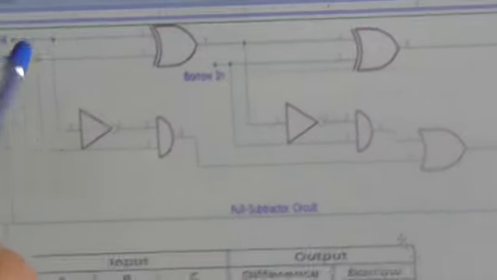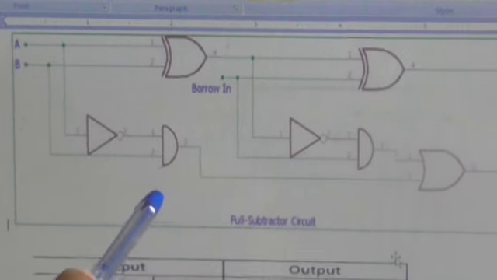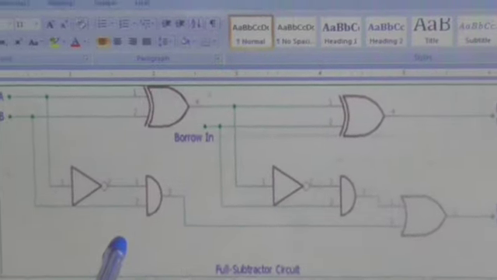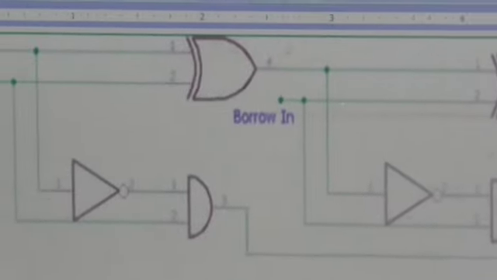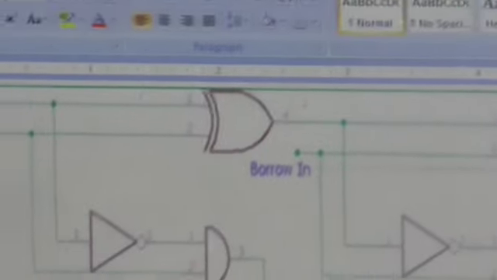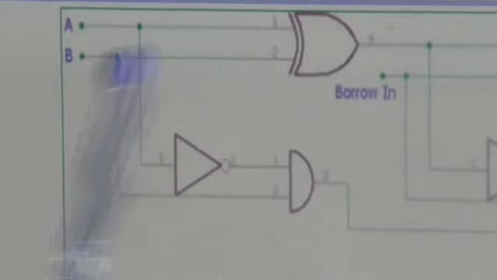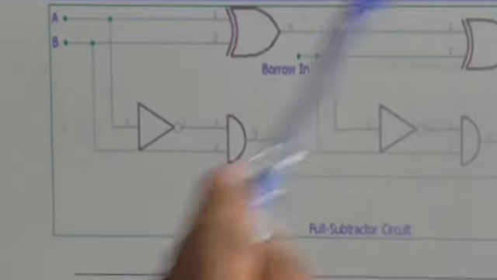If you see this circuitry, this is our half subtractor. Whenever we connect two half subtractors with an OR gate, finally we get the full subtractor. Here all the inputs and outputs are specified in this diagram, and accordingly we will connect it.